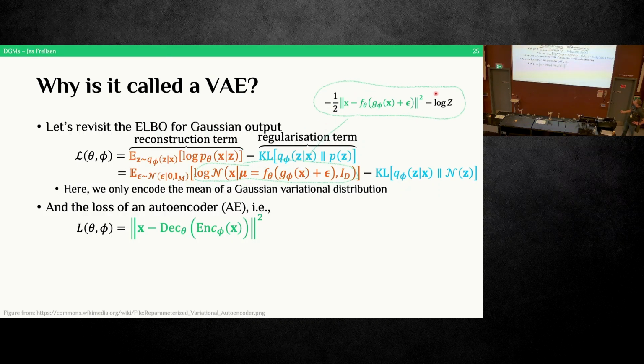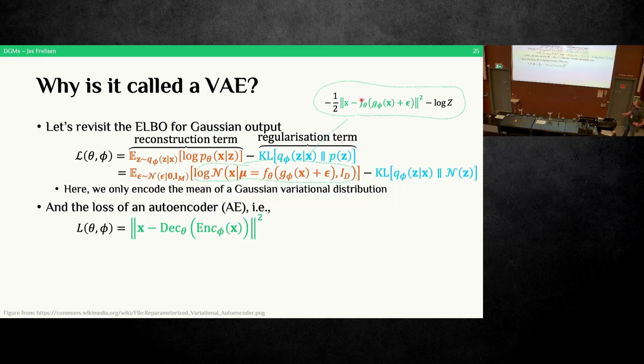Then I have a normalization constant over here that we just forget about for now, because it doesn't depend on the parameters, since we assume it's fixed with the identity covariance matrix.